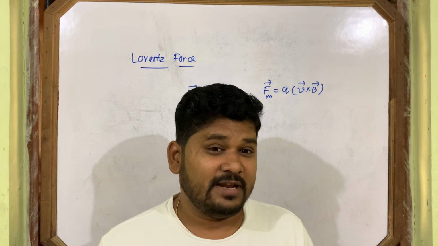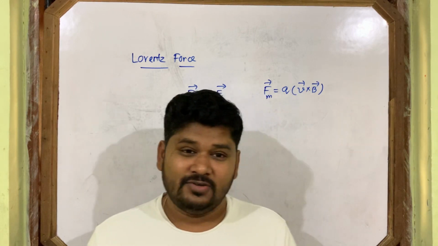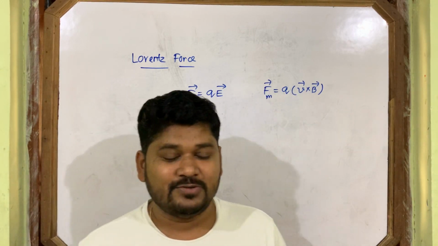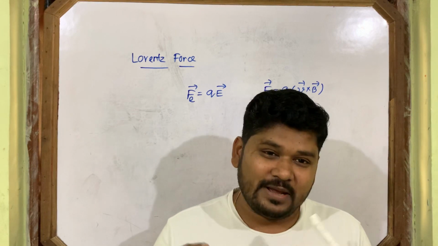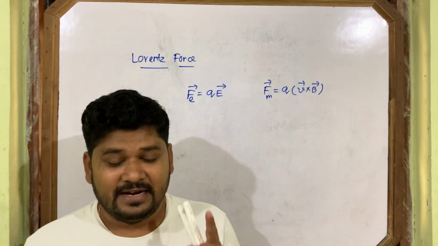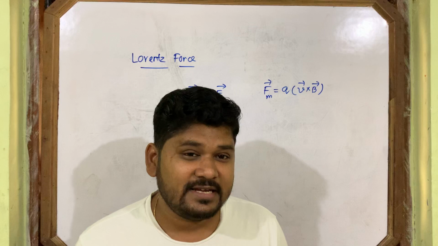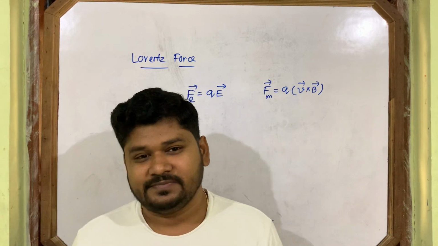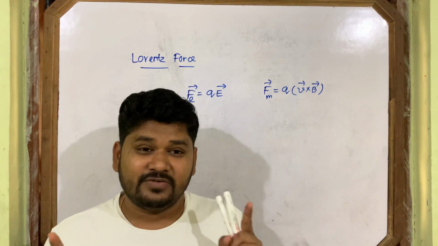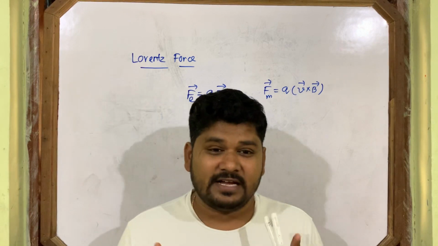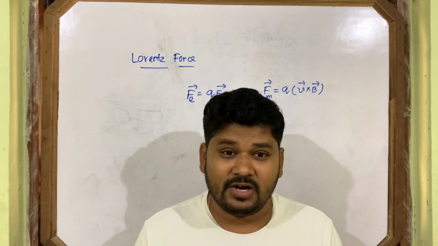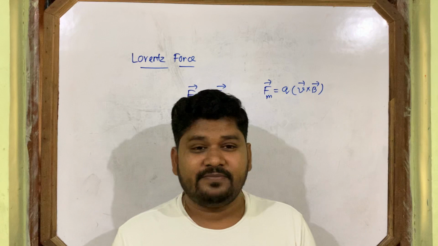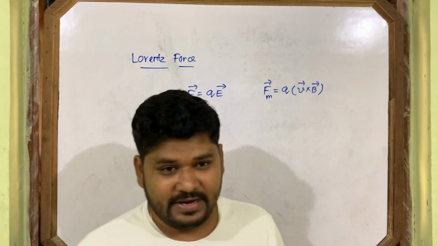That charged particle will experience force. No field will give an excuse to the charged particle. Both will apply force on the charged particle, and the total force is called Lorentz force. Lorentz force is the force experienced by the charged particle in a region of both electric field and magnetic field.